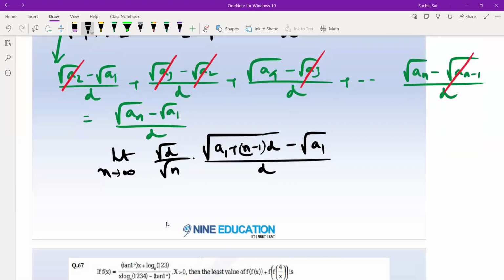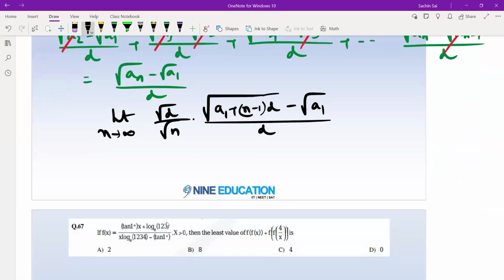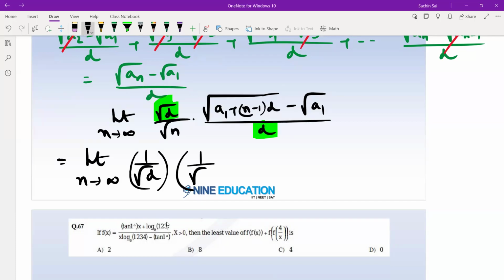And remember, when you're trying to solve limits as n tends to infinity, 1 by n tends to 0. So first I need to take root n common, right? So if I rearrange the terms here, I'll get limit as n tends to infinity. After simplifying these two terms, I will get 1 by d in the denominator. I also have 1 by root n.